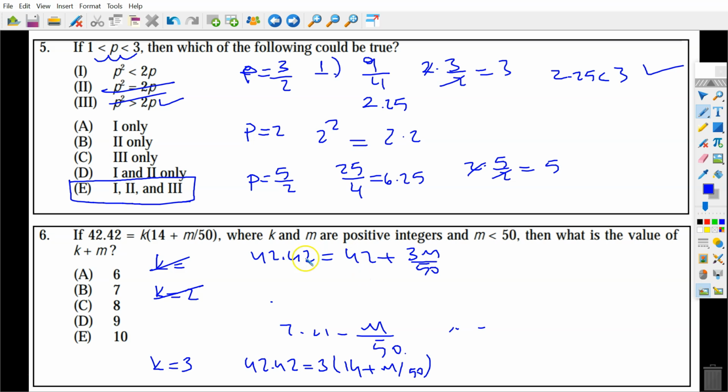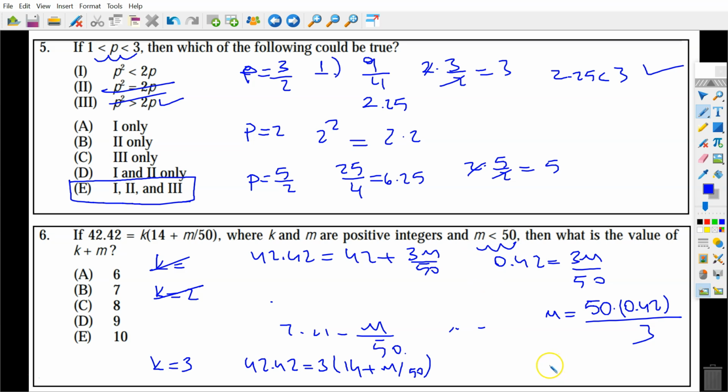If you subtract 42, you get 0.42 equals 3m divided by 50. So m is going to be equal to 50 times 0.42 divided by 3. I'm not going to put down the numerical answer, but it's clearly going to be less than 50.